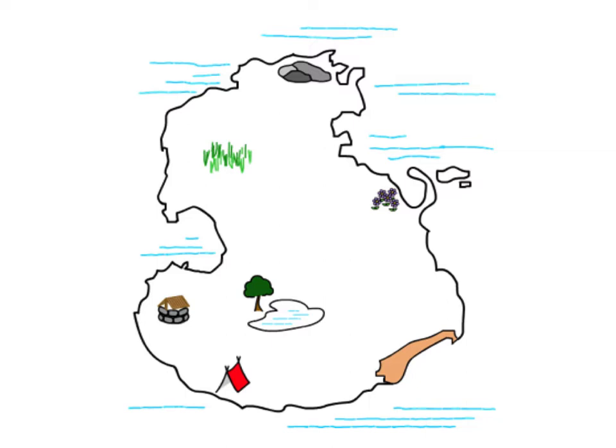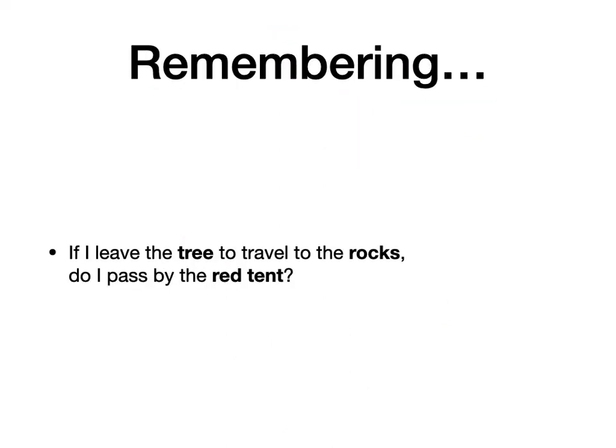Now, if I leave the tree to travel to the rocks, do I pass by the red tent? Again, give you a second. It is not visible, but you've seen it, and you remember things about it.